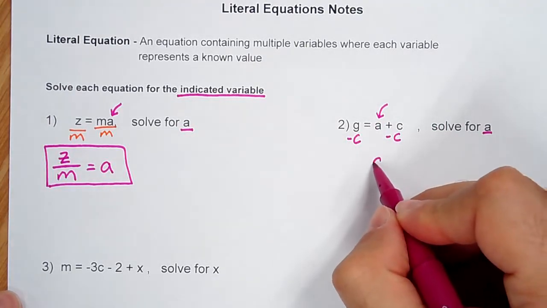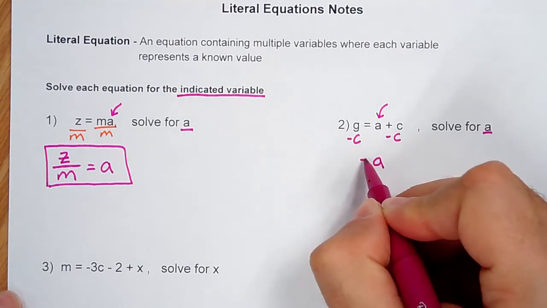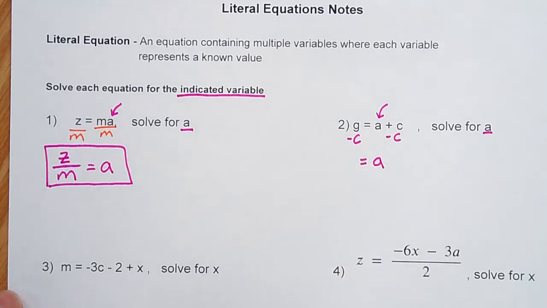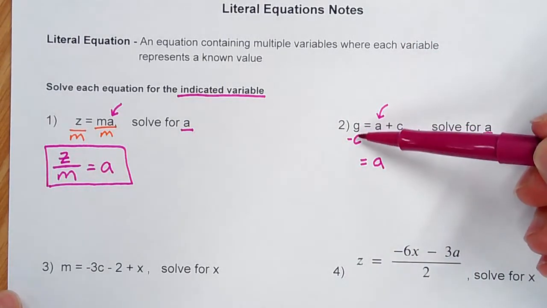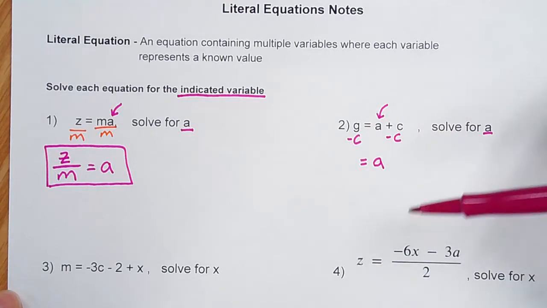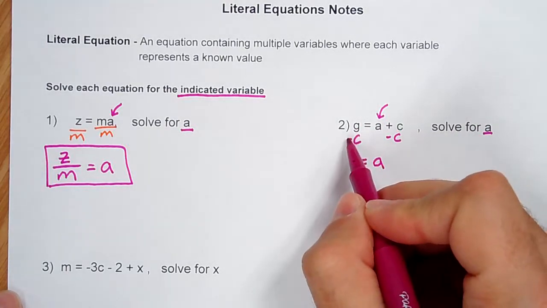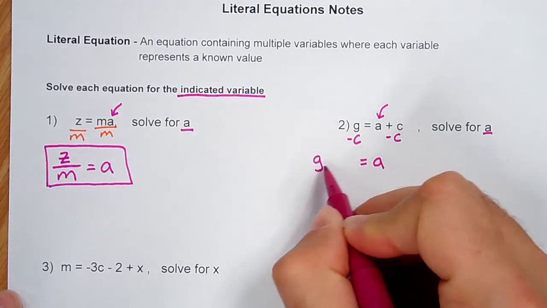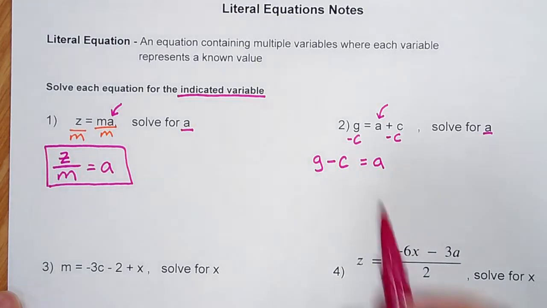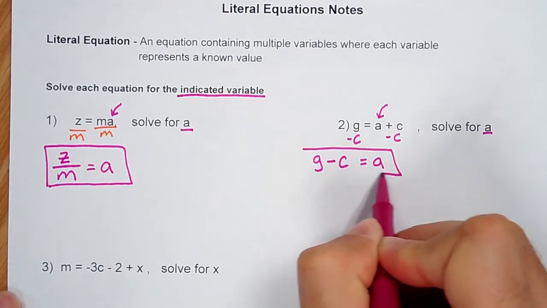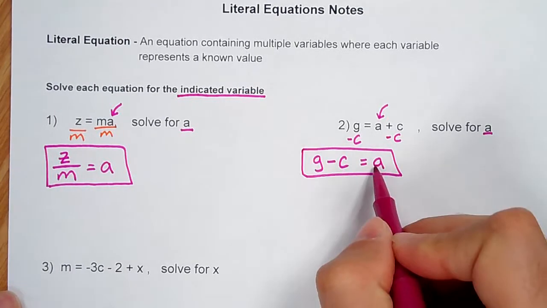That leaves us with a equals, which was our goal, g minus c. These are different terms. They're different variables, which means I can't combine them. And I'm going to write out what I just said, g minus c. And this is my new formula solved for a, or equal to a.